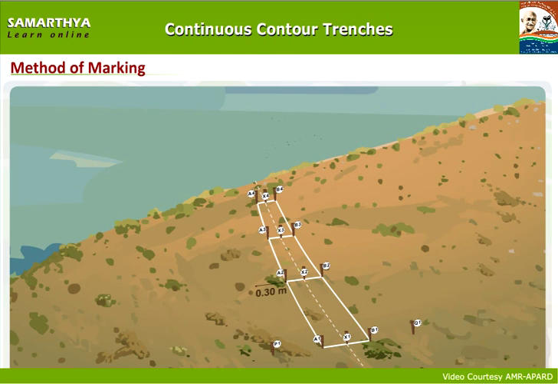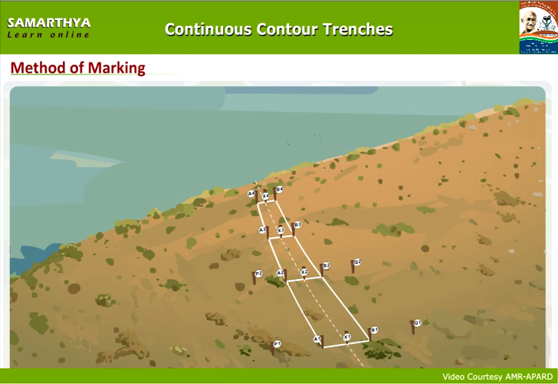From A2, measure 0.3 meters on bottom side and fix a wooden pole and mark it as P2. From B2, measure 0.3 meters on upper side and fix a wooden pole and mark it as Q2.